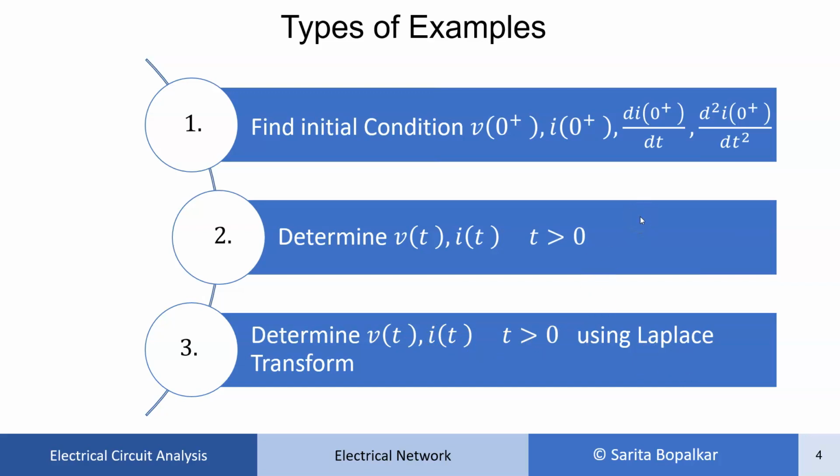This one is in the time domain and this is in the Laplace or frequency domain. So we are converting our network into the frequency domain and then solving. But the purpose is the same, to find V of t and I of t for t greater than 0.